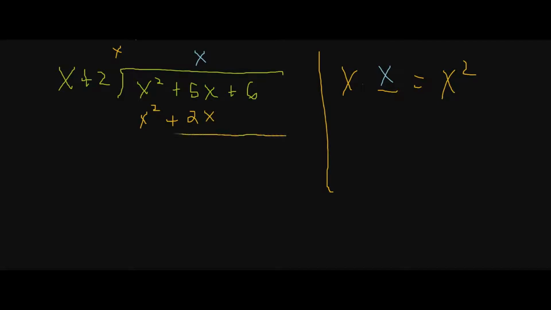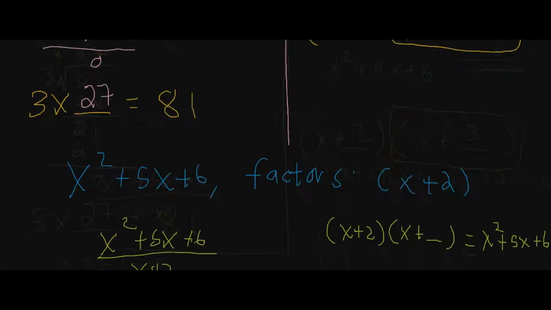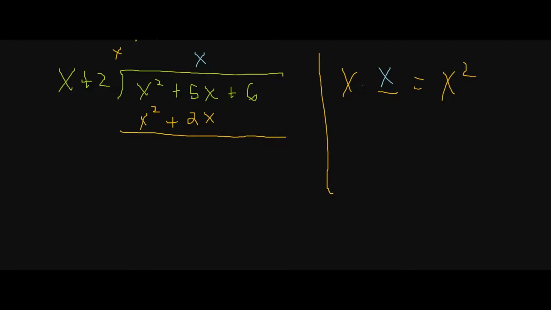Now I'll put my little division sign here. Just like before when we did the problem up here, we put a minus sign. So we're going to do the same thing over here. This whole thing we're subtracting, so we get x squared minus x squared, and 5x minus 2x.